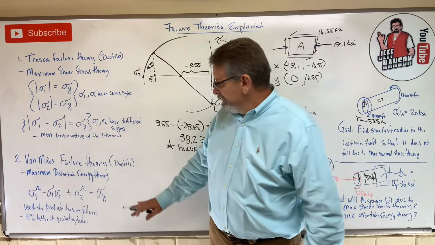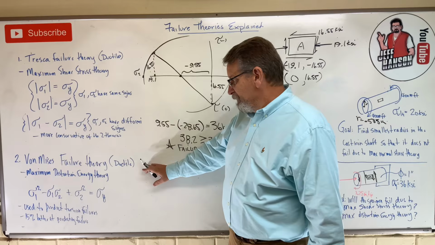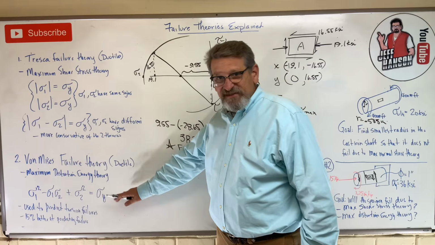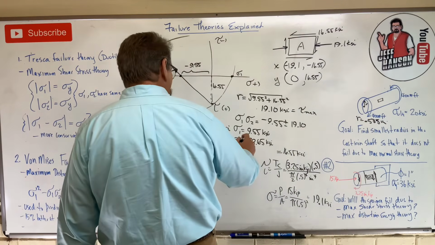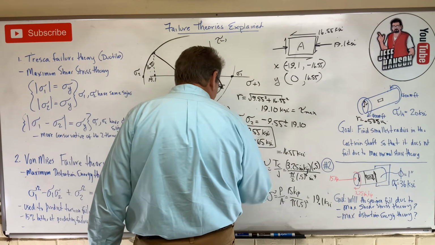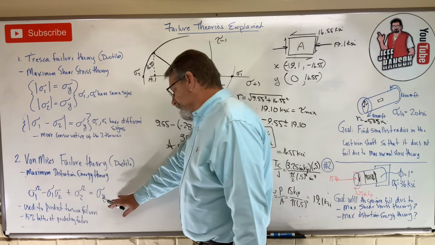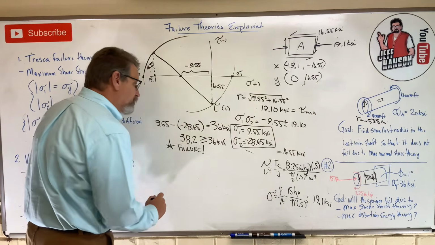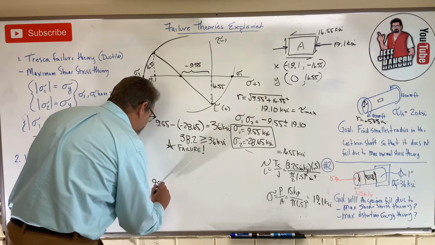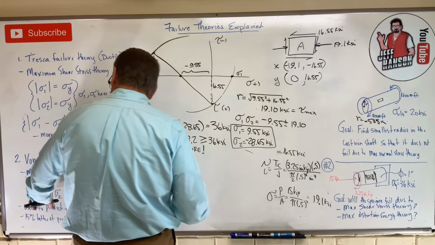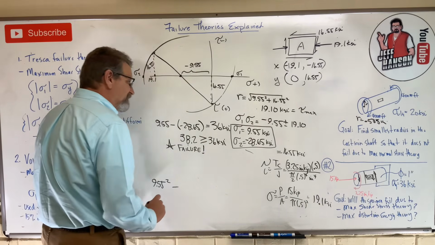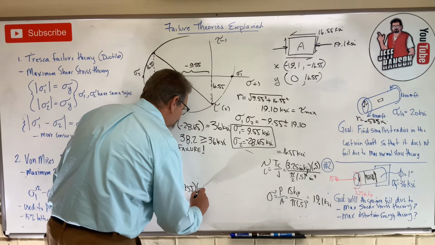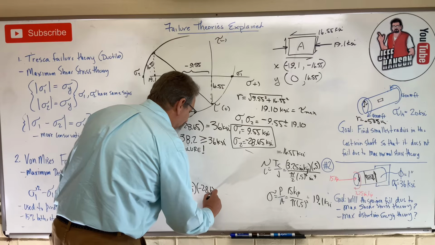So let's try the other theory, which is the von Mises failure theory, or the maximum distortion energy theory. It's just sigma 1 and sigma 2. We already got that, don't we? There's sigma 1 and sigma 2 right there, okay? Now we're going to take that and compare it to yield and see if it fails. So let's do that. So sigma 1 squared is 9.55 squared minus sigma 1, 9.55, times sigma 2, negative 28.65.